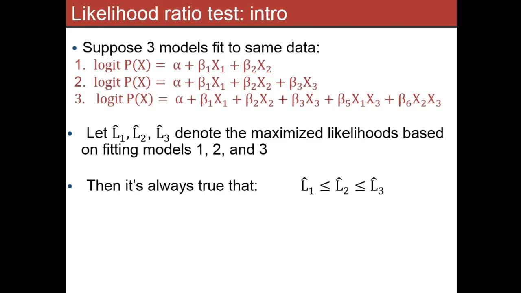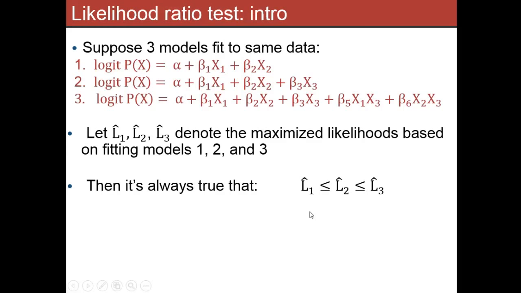Yes, it's going to always go up, but the question is whether it goes up by such a fractional amount that we explained nothing new. The model fits no better once we added 16 more terms. That's the idea. So this is exactly what we were doing in linear regression with the R squared and the all subsets approach. The likelihood goes up, it just may be a very tiny incremental change.